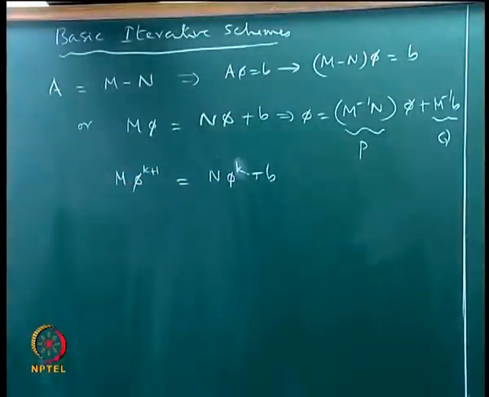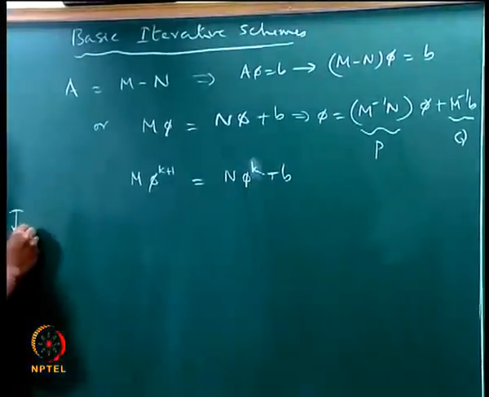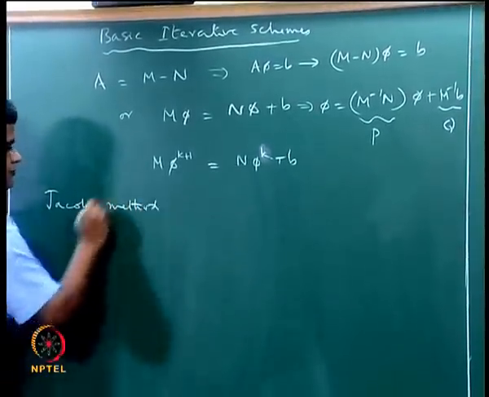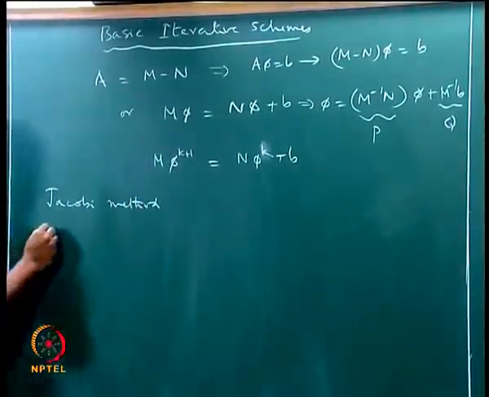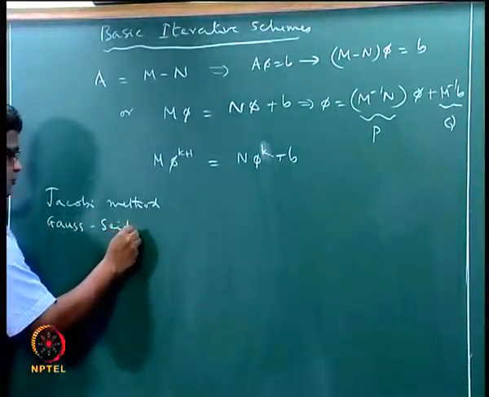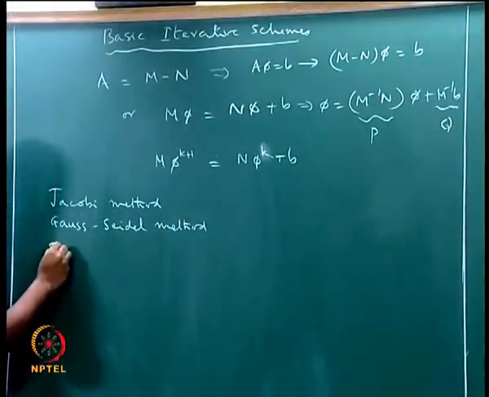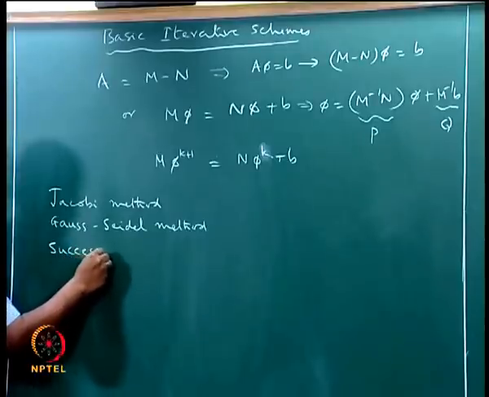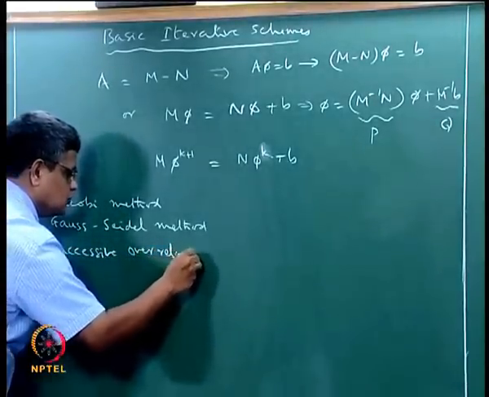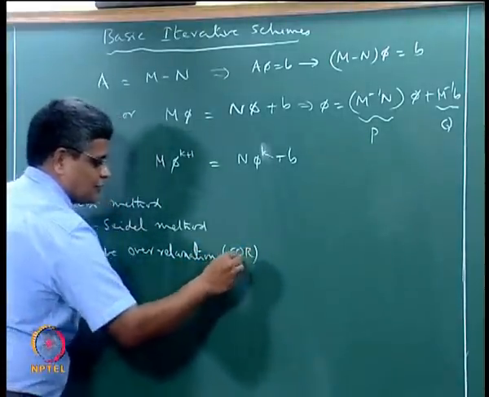Now what are these M and N? In the Jacobi method, and also the Gauss-Seidel method, and the successive over-relaxation, this is also known as the SOR method.